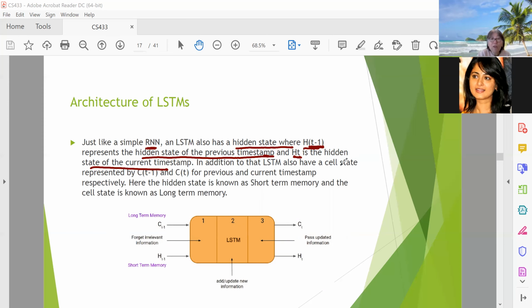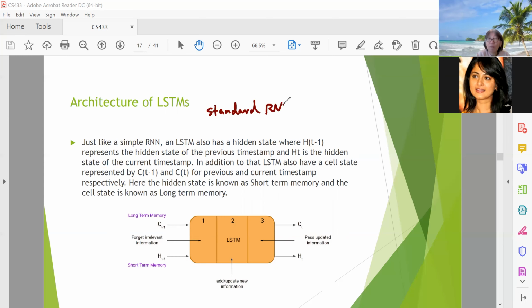Be careful here, it's not the standard one. We only have this H, hidden state. But for LSTM, we also have what we call a cell state. So here in this diagram, we see this is a hidden state, and this is the current hidden state, H.